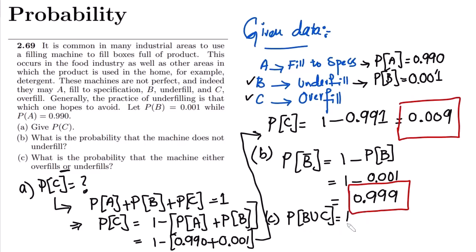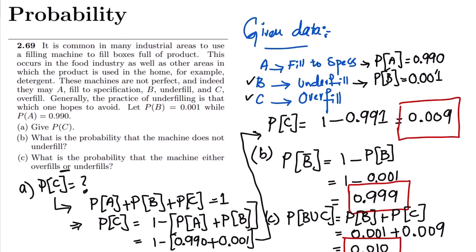It would be probability of B plus probability of C. Probability of B is 0.001, and probability of C is 0.009. Adding them together, I will get 0.010. That is the answer of part C.